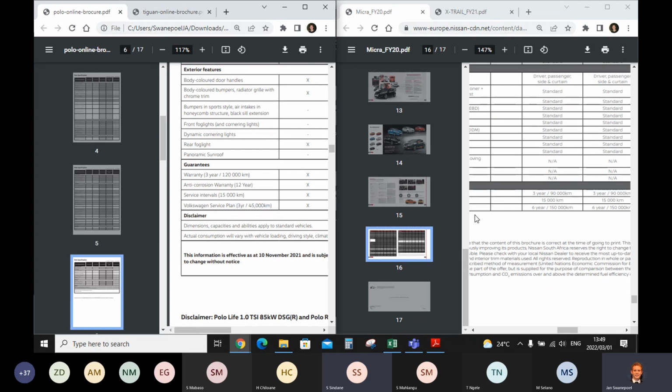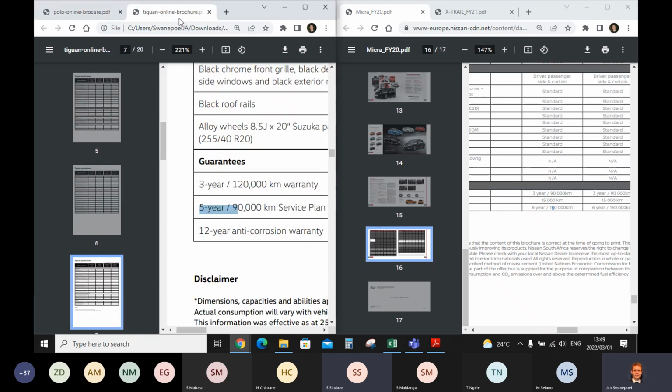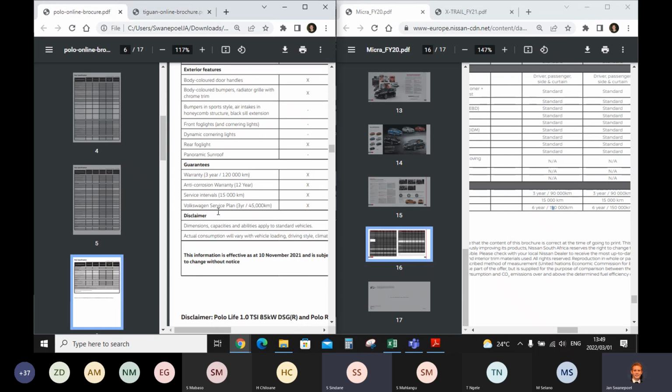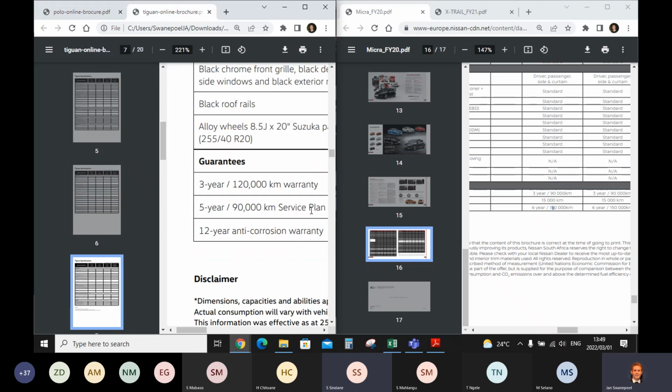Can you see that? So there you can see a clear difference, and between these two as well. This is a higher end car. It's a more expensive car. And the client that buys this car would generally keep it for more than 5 years, right? Whereas someone that drives a Polo would usually want a new Polo every 3 years when it comes out. So that's why they only invested for 3 years, whereas with this one, they invested for 5 years.